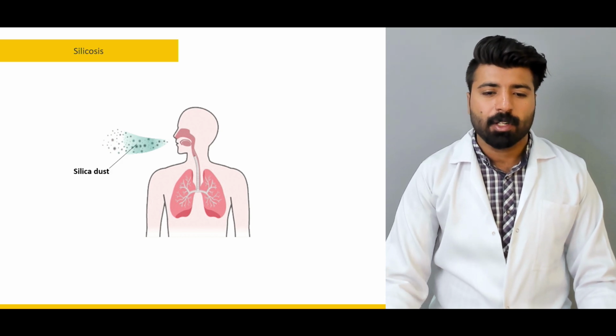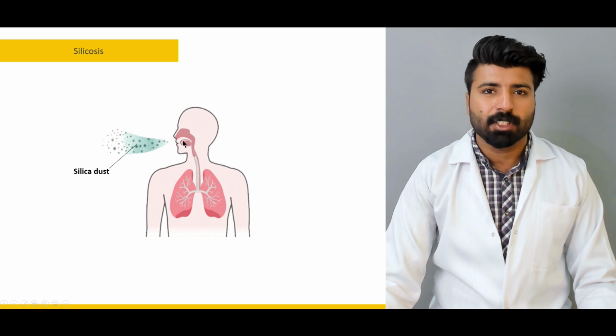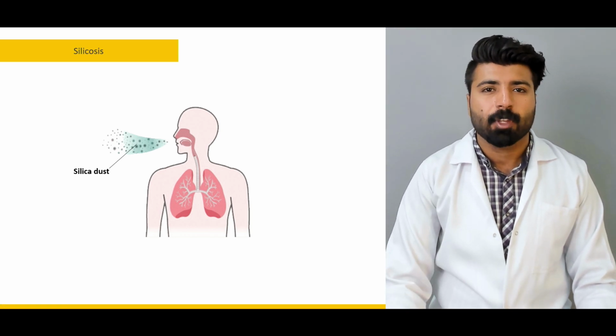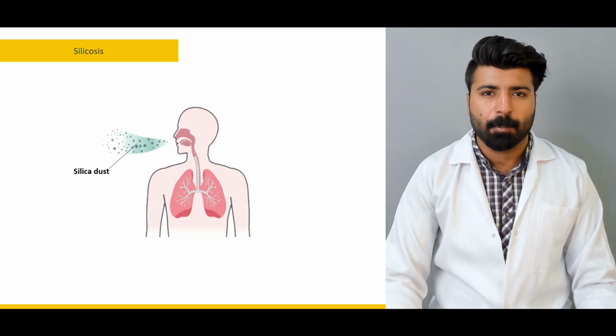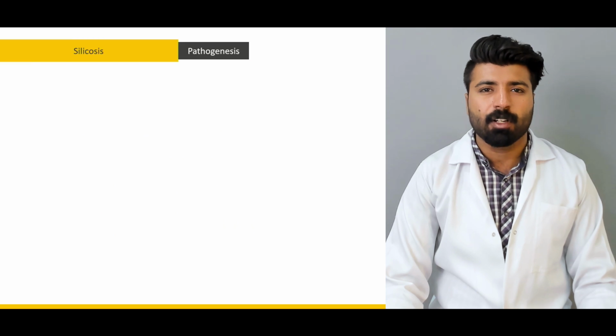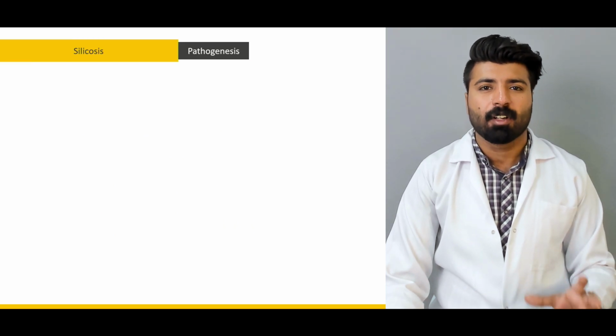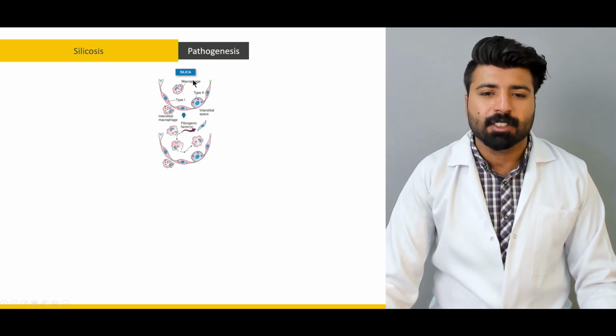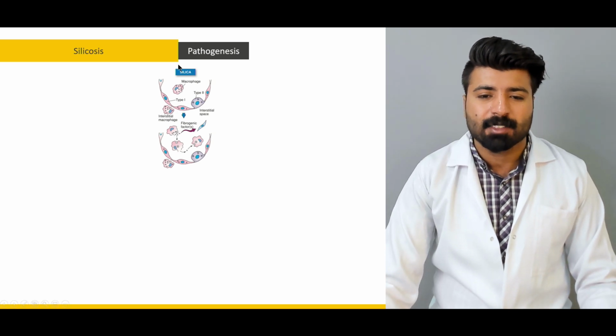So let's talk about it. As you can see, silica dust goes in, and then all the other pathology is the same as pneumoconiosis, as we discussed earlier, but there are very slight differences. What differs between these two? When silica gets in, the macrophage is going to engulf it.